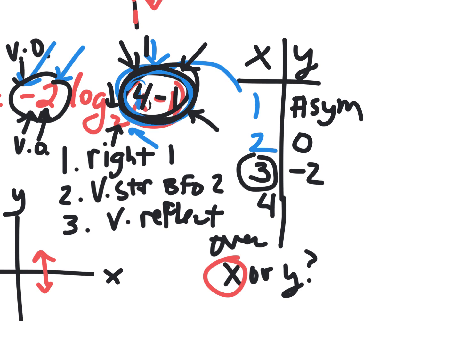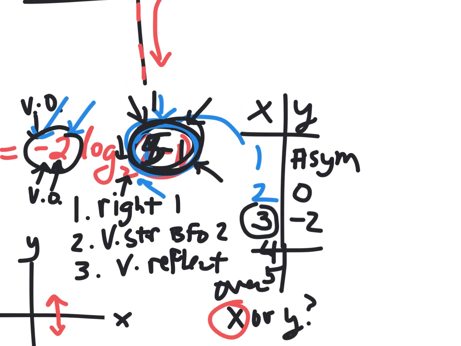So then, since we won't have calculators for this, you'd say, well, I'm not going to use 4, and I'm going to try like 5. Does 5 happen to work? Yes, it does. If you put in 5, now you've got 5 minus 1 is 4, and now you have, I'm going to be more specific, negative 2 log base 2 of 4.